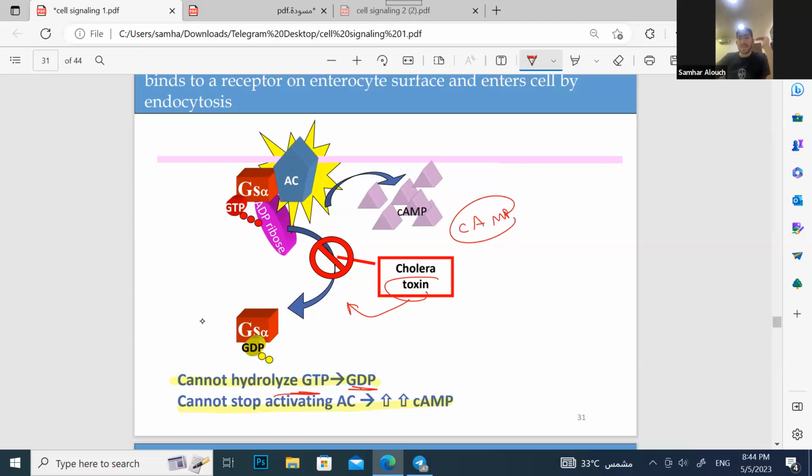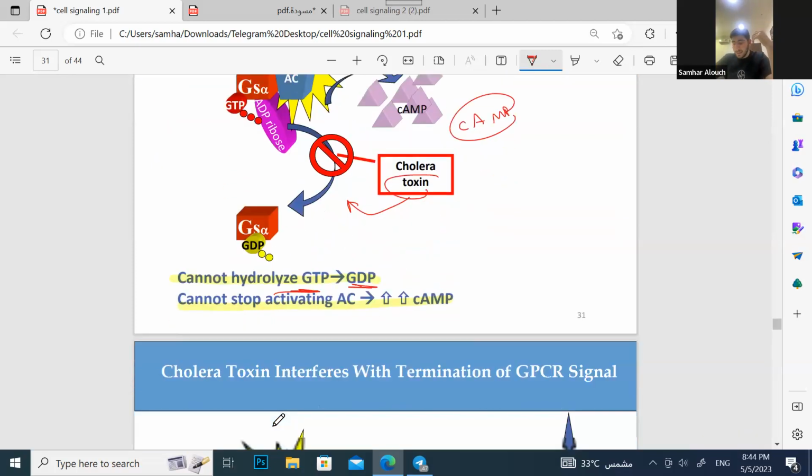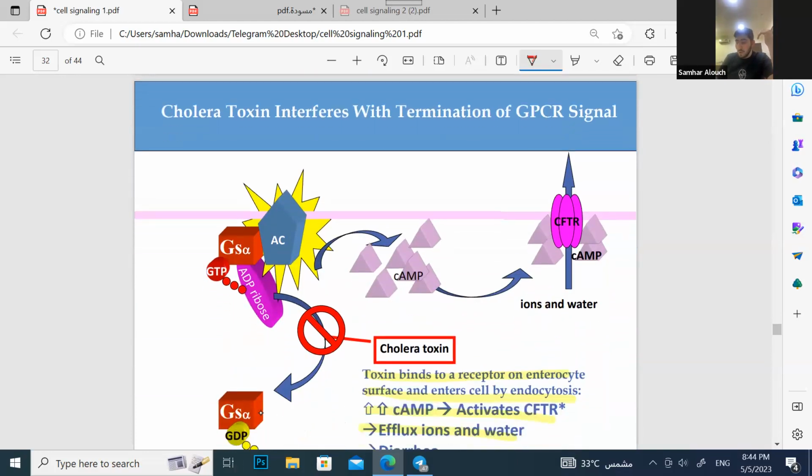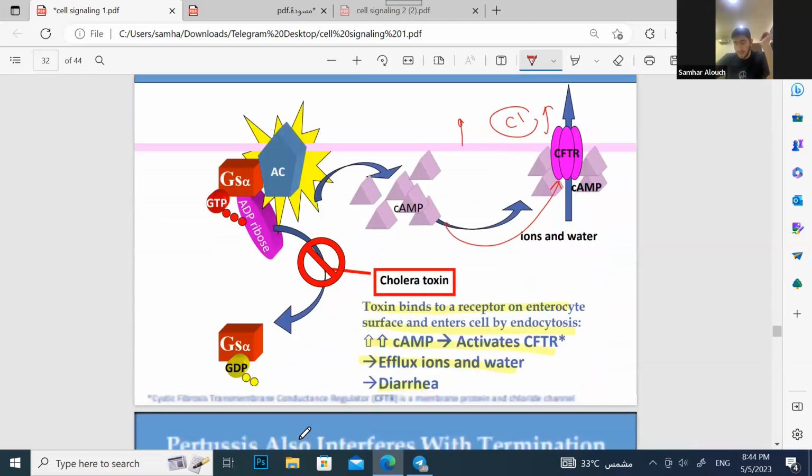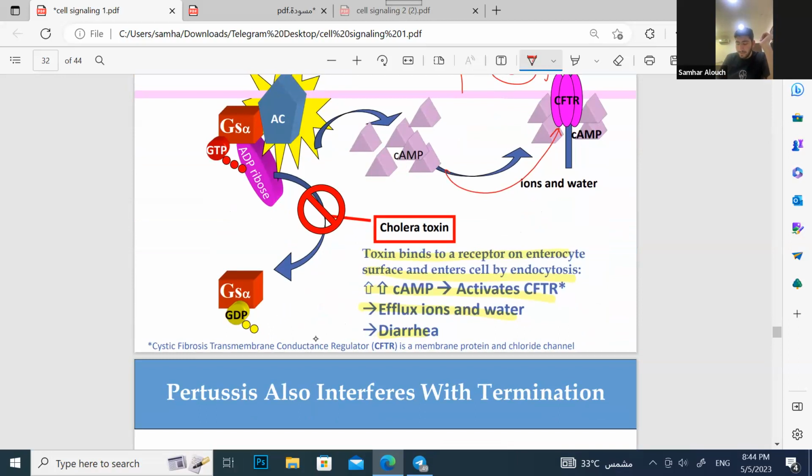Since cyclic AMP is not inhibited and is activated all the time, it will activate a receptor called CFTR, and CFTR will cause chloride to get out and water to get out with it. Because chloride and water are getting out, it causes diarrhea. It causes efflux of ion and water and causes diarrhea.